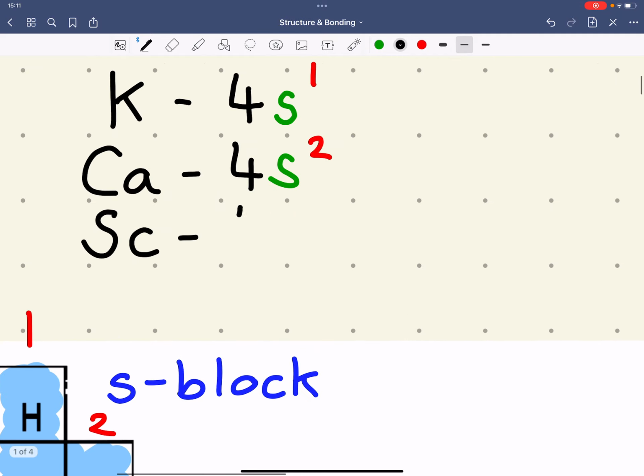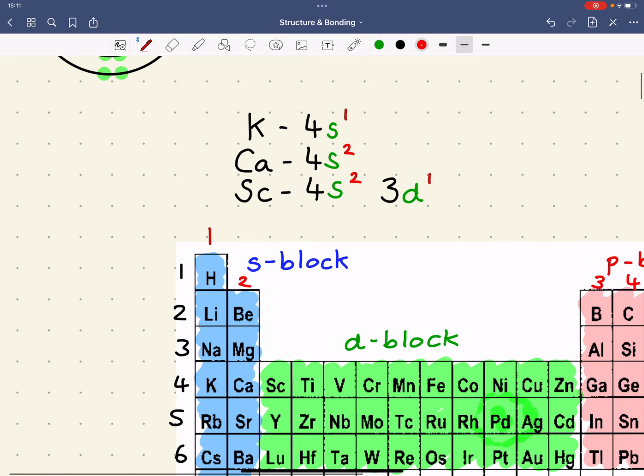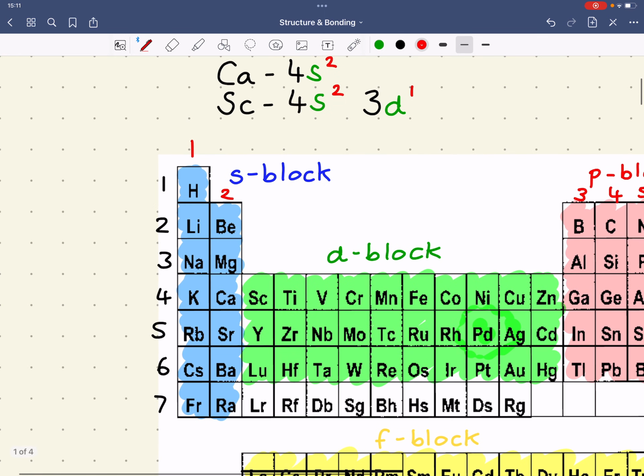So scandium then would go 4S2. Now it goes back and fills into 3D1. And that again is, it's in the D block, and it's the first element in the D block. So the D block, though, is always 1 behind this number. So that's 3D1.